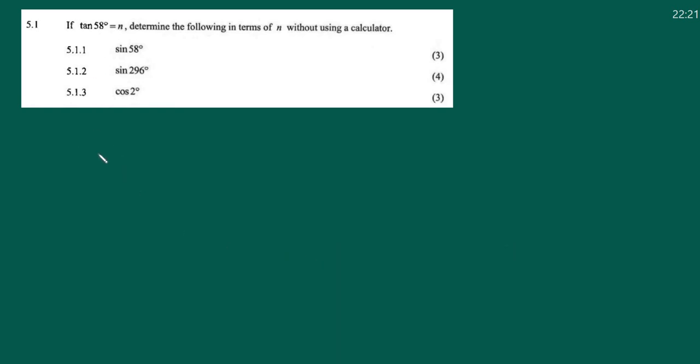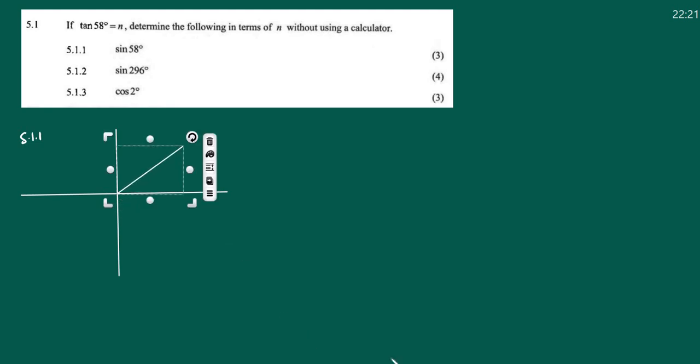So this one here, you have tan 58. So I'm immediately going to write 5.1.1. Then I'm going to draw my triangle. They already gave me 58 and n. There's no restriction there, so we know that we're dealing with this type of problem. This is what you have.